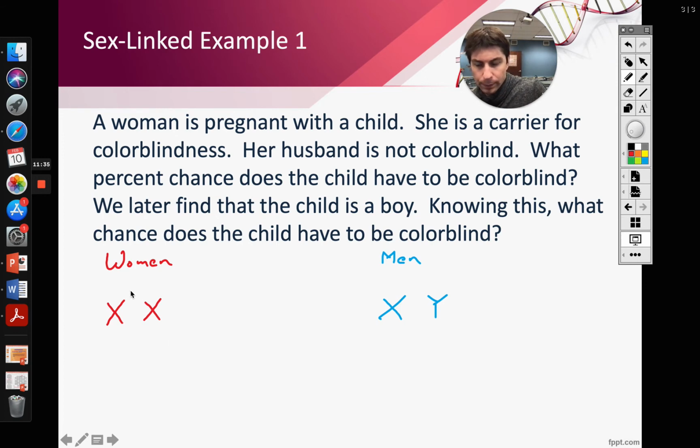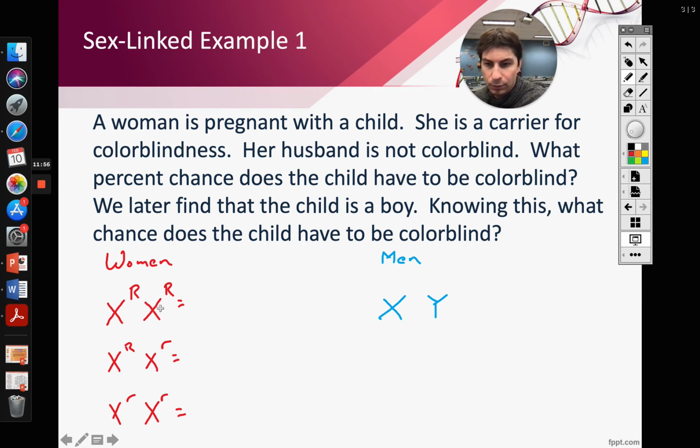So, a woman, again, guys, only the X carries this. So, a woman could be, I'm just going to use R, big R, big R. A woman could be big R, little r. Or she could be little r, little r. Okay?